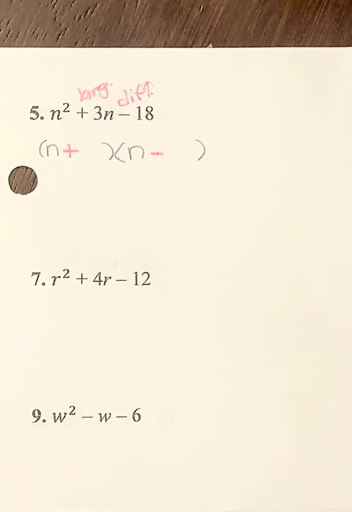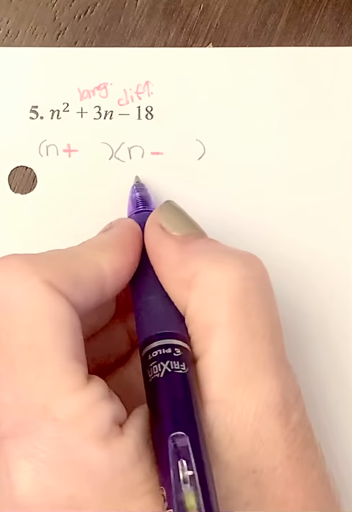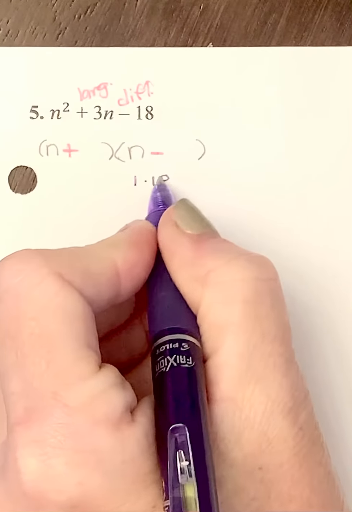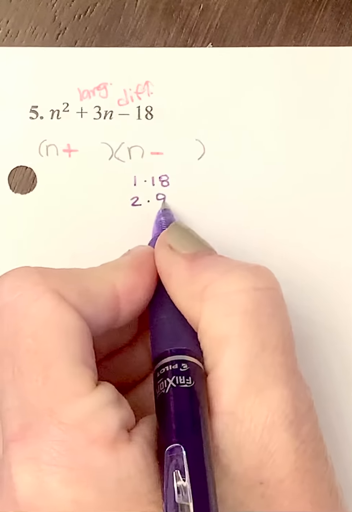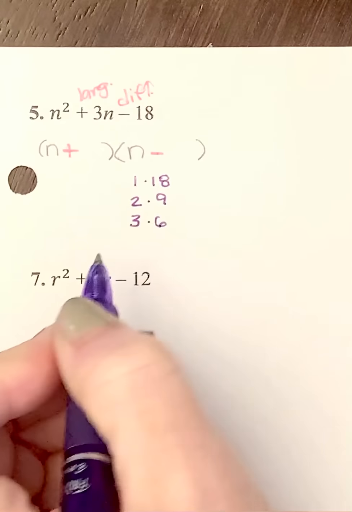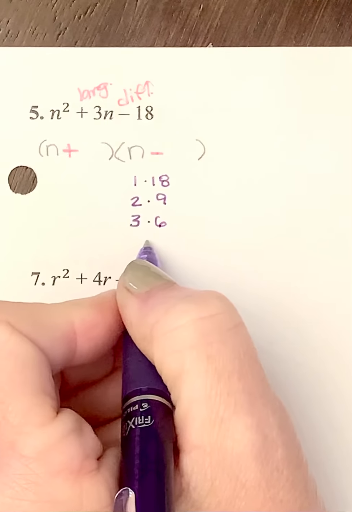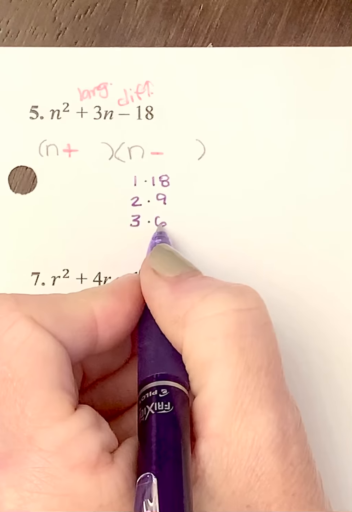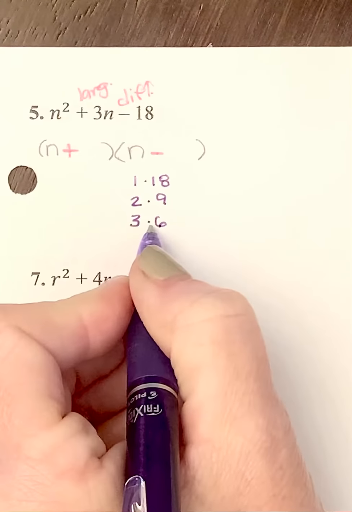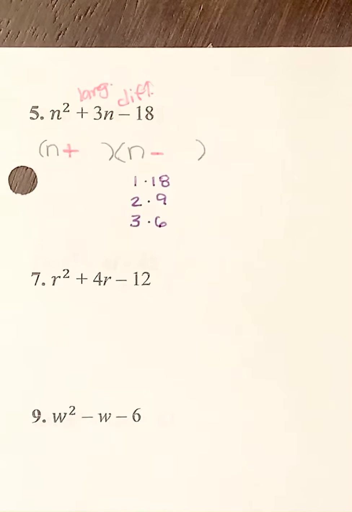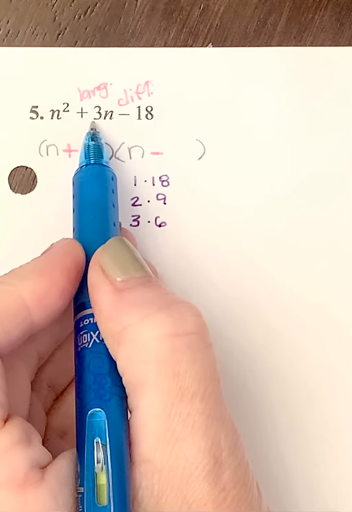Okay, step 3, list the factor pairs for 18. That'd be 1 and 18, 2 and 9, 3 and 6, 4 won't go into 18, 5 won't go into 18, 6 will, but we've already got it listed right here. Okay, now you're going to find the factor pair that will add to equal a positive 3.